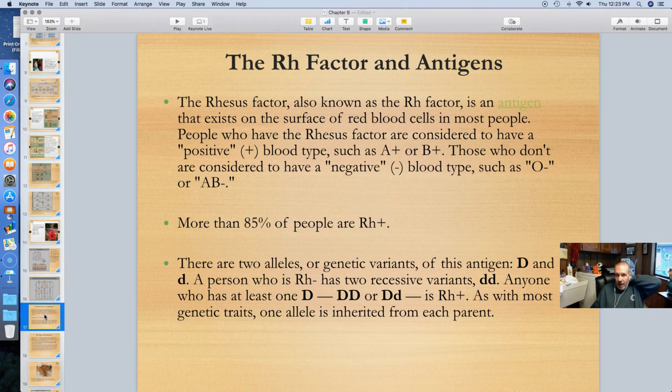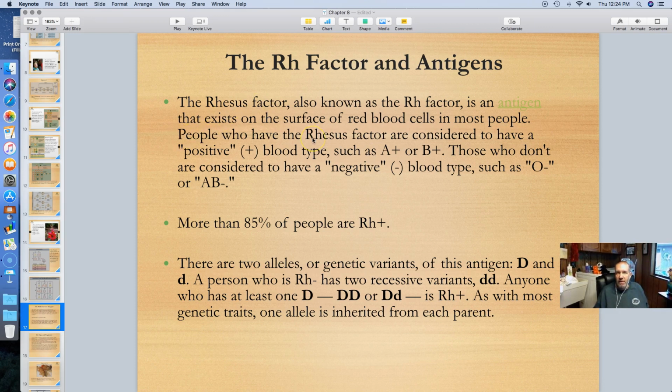Now, I don't want to get into this too much. You can read the slide. But you may also know that you can have A positive, B negative. You can have positive and negative factors as well, and that's related to the rhesus factor, an Rh factor. It's an antigen that exists on the red blood cells in most people.